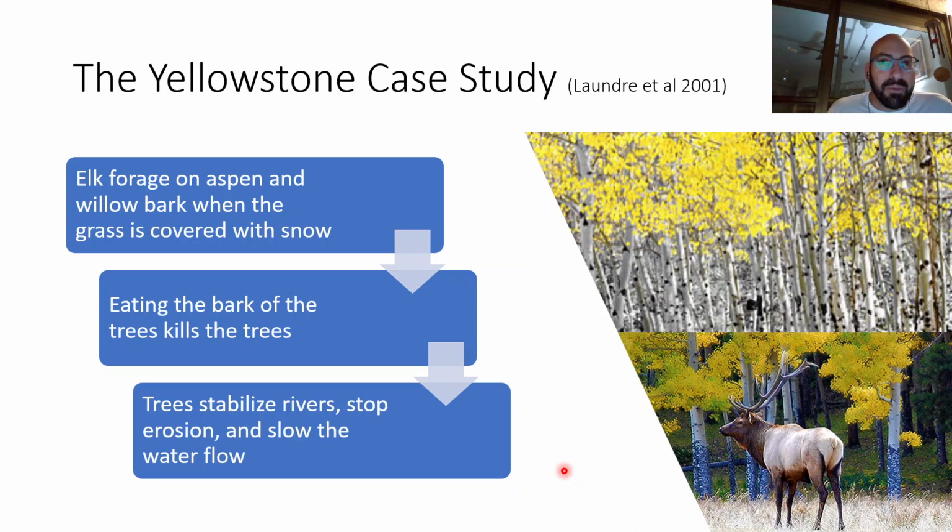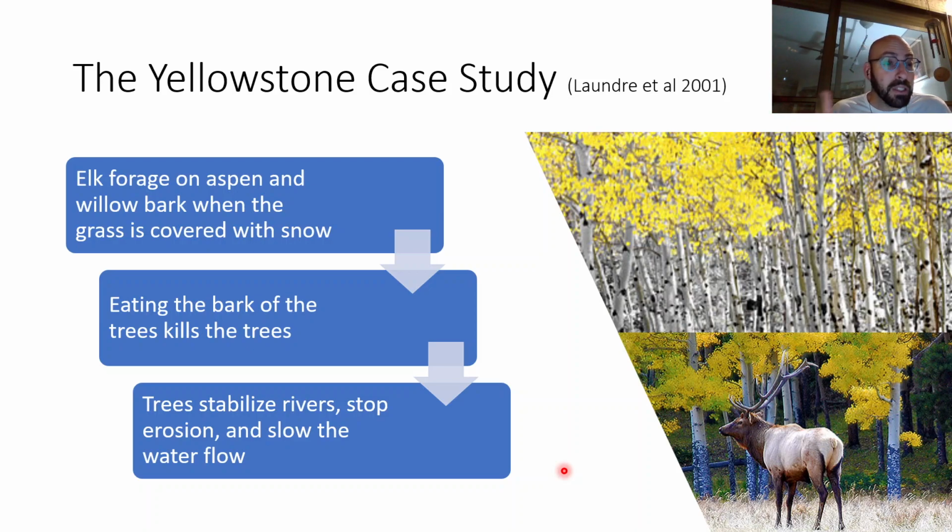So this is an example from a paper by my colleague John Landry. He coined the term a landscape of fear in 2001, where the trophic cascade that is discussed here is that elk that live in Yellowstone National Park eat the bark of willow trees when the grass is covered with snow in winter.